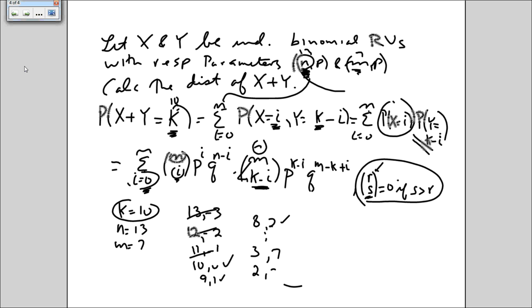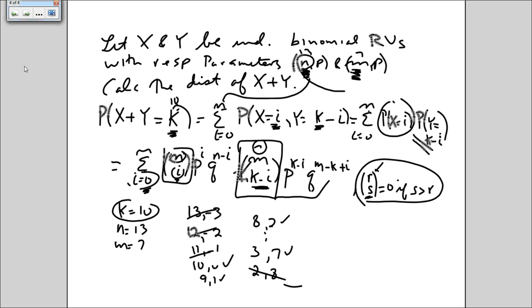But you can't have 2 and 8. The reason you can't have 2 and 8 is you can't have y having 8 successes. There's only 7 trials. So in those cases, we'll say that this is 0, or possibly this one will be 0.